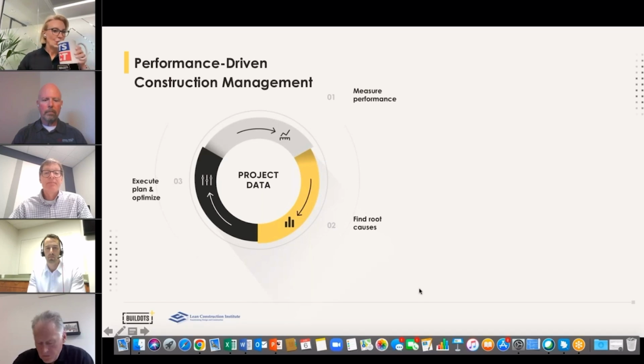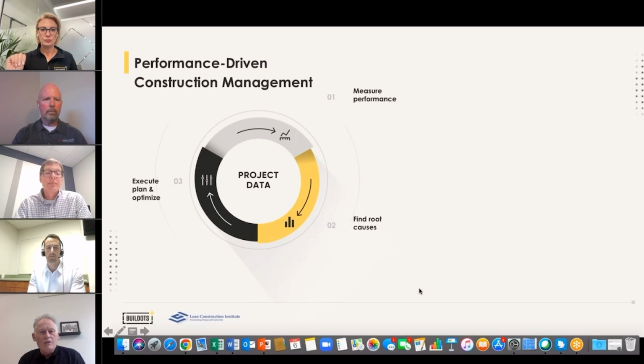Thank you. Excellent. So, here's a real shocker for you. Performance-driven construction management is a term that we try to adopt really in a way to articulate to the industry that we're trying to do something different. And I think we have to do that in the same way as lean has had to do that.